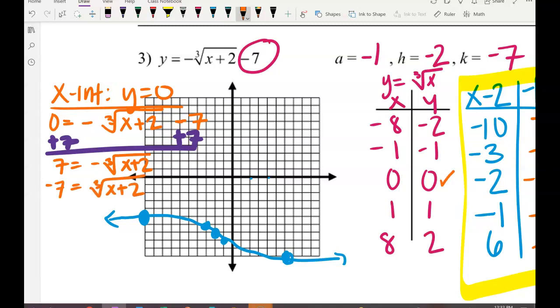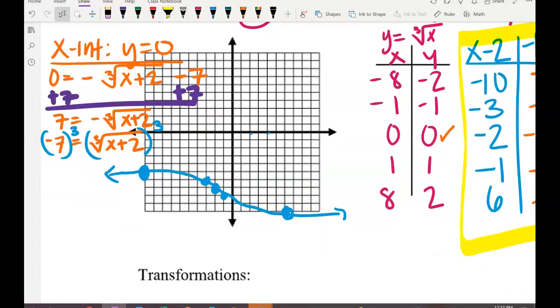What do you think we need to do next to get rid of our index of 3? I hope you said raise it to a power of 3. You are correct. Negative 7 to a power of 3 is still going to be a negative number. So it's negative 7 times negative 7 times negative 7, which is a negative 343, guys, equals x plus 2.